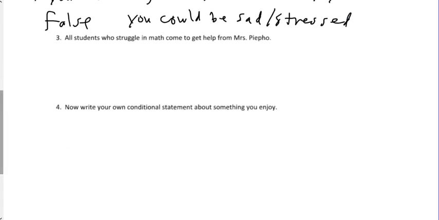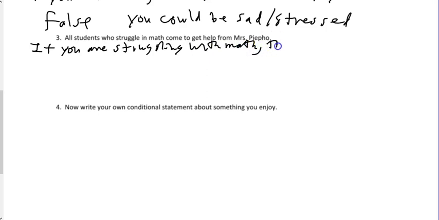All right, 3, all students who struggle with math come to get help from, well, says Ms. Peepo, one of the other math teachers. Sorry, I didn't change that. So let's make it if-then. If you are struggling with math, again, if you want to say if you are a student struggling with math, then you come get help from Ms. Pipo.